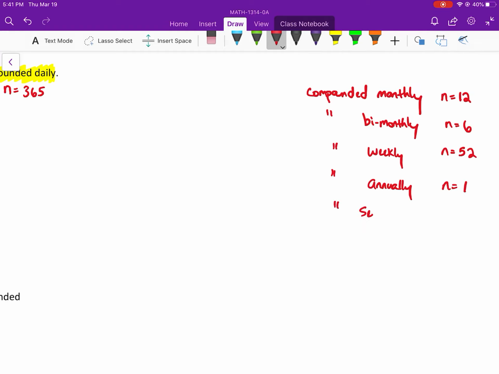If it's compounded semi-annually, that would be every 6 months, so N would equal 2. Alright, and then one more. I almost forgot this one. Compounded quarterly. If it's compounded quarterly, N would equal 4. Think of quarters. How many quarters are there in a year?